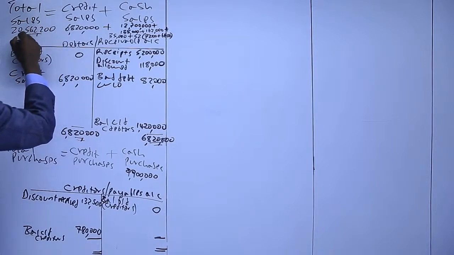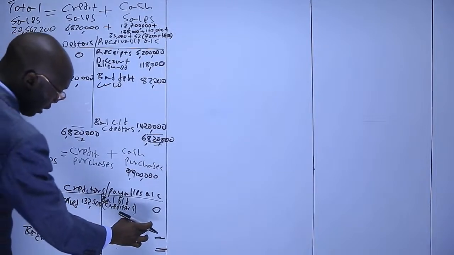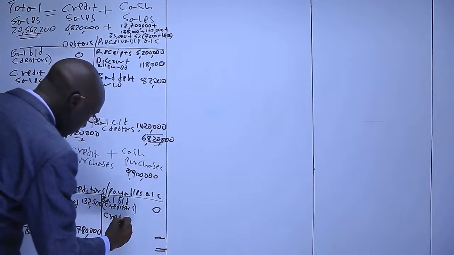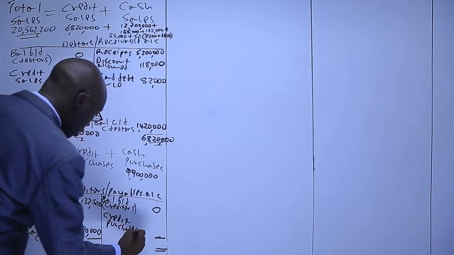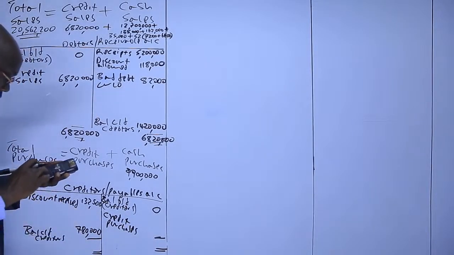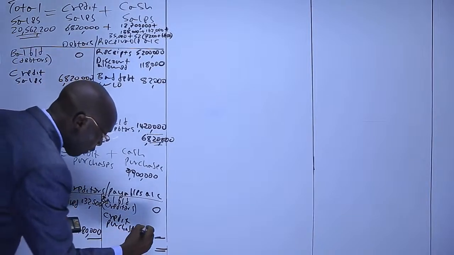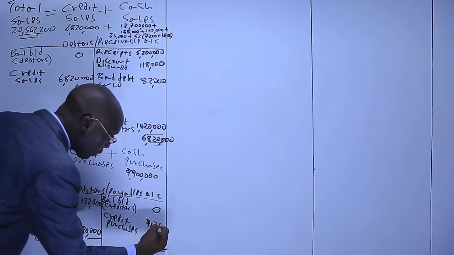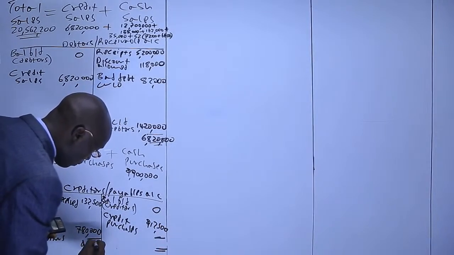That is the total. We come here, we add this plus this. This is 0, so that will be the credit purchases. So this plus this, 132,500 plus 780,000. So that will be 912,500, which will be here, 912,500.